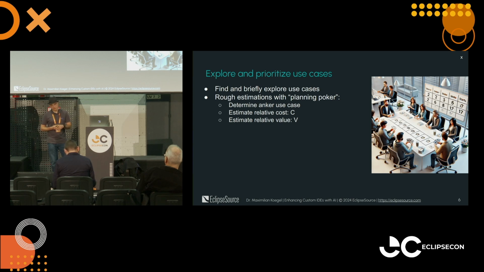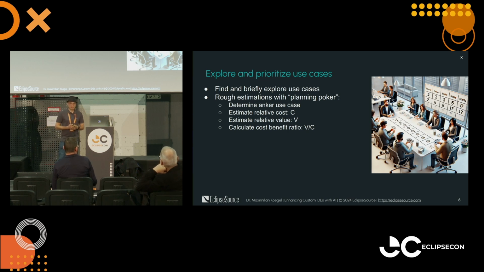The relative cost is often something that can be determined by your development team in this planning poker process, where everyone comes up with a number and then you discuss what the best number is after revealing. The relative value often can be provided by the product manager, who can maybe see how that would impact customers and what value it would provide. And then unsurprisingly, you calculate the cost-benefit ratio, right?